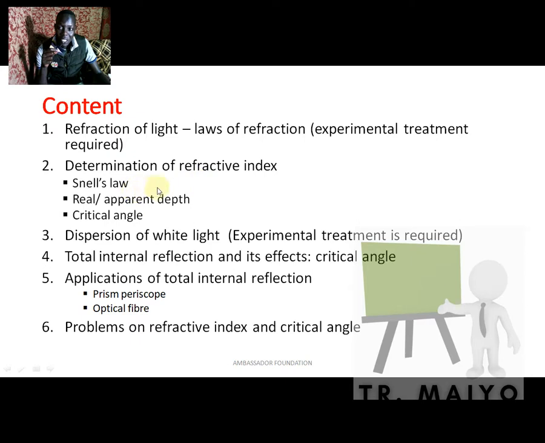We have Snell's law, which is famously known as sin i over sin r. We also have using real and apparent depth. And we use velocity of light. And lastly, we will use the critical angle to determine the refractive index of a substance or material.